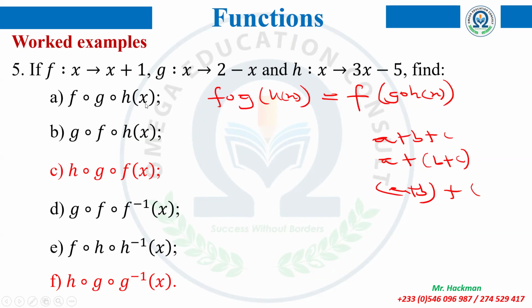Is it clear now? Yes. So it means my outer function is f, because I feed it with the whole of the inner function, which is j of h of x. And that's what I have here. Is it clear now? Yes. It's clear, right?